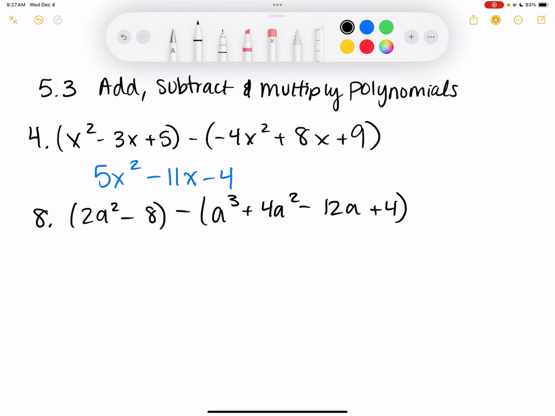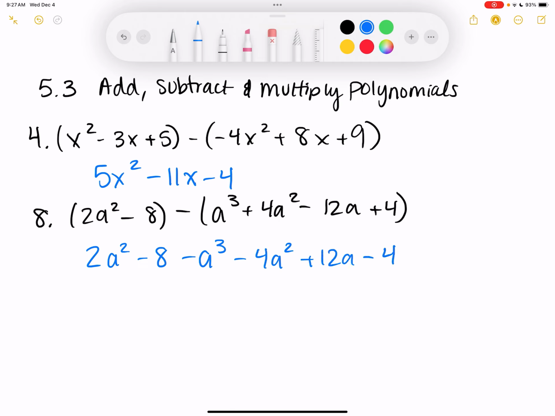So this is one where it might be beneficial for you to just rewrite it and then write everything in standard form. So I would probably do this one and just say 2a squared minus 8, and then distribute this negative, minus a cubed minus 4a squared plus 12a minus 4, something like that.